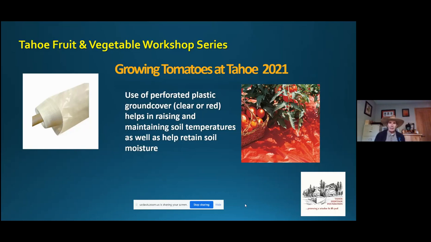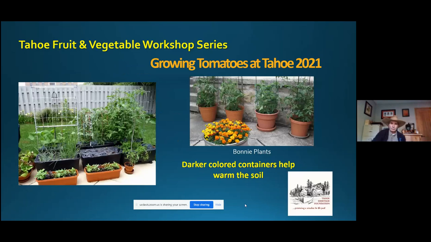Black plastic will heat up, but it does not transfer the heat to the soil nearly as well as red or clear plastic. If you are growing in containers, you may want to select dark colored containers like terracotta or black, and stay away from white containers or tan containers.